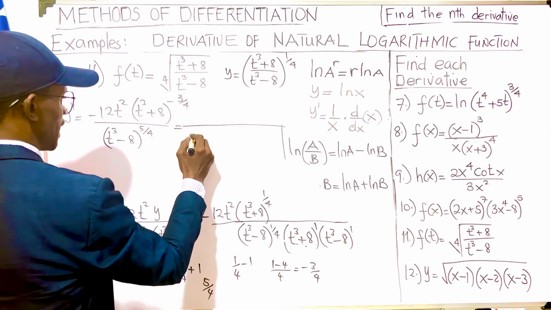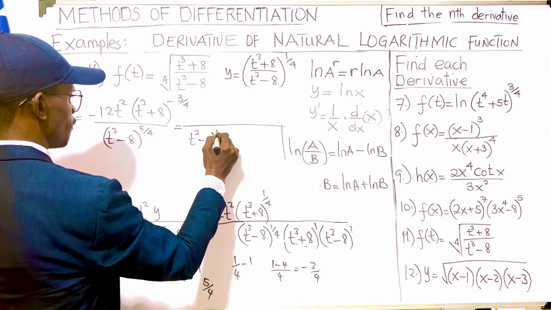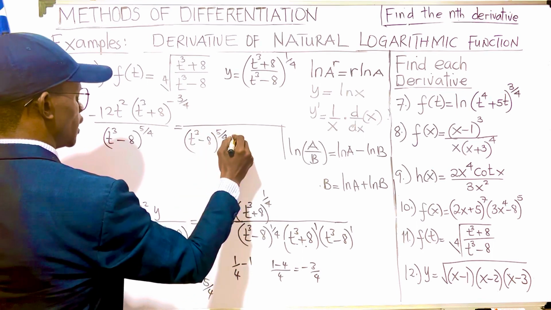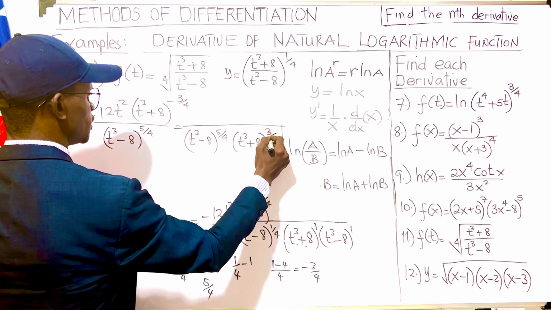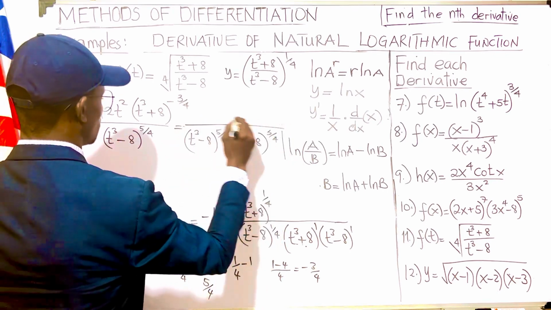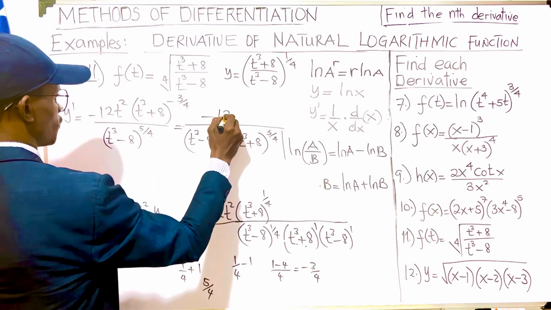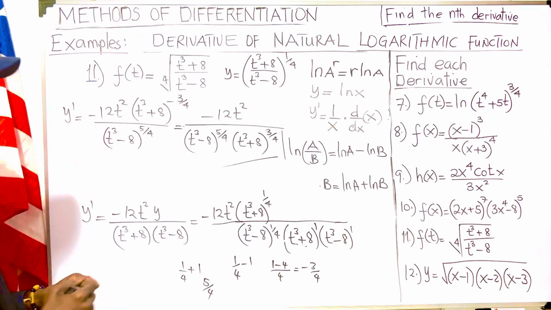Finally we have t cubed minus 8 raised to the power 5 over 4, and then t cubed plus 8 raised to the power positive 3 over 4. And what is left? Up there we have minus 12t squared. So this is just our final answer.